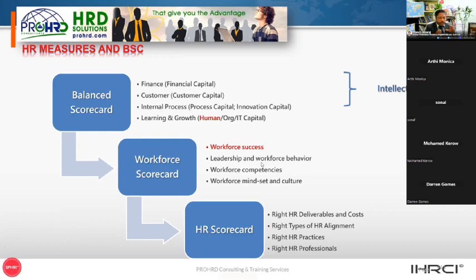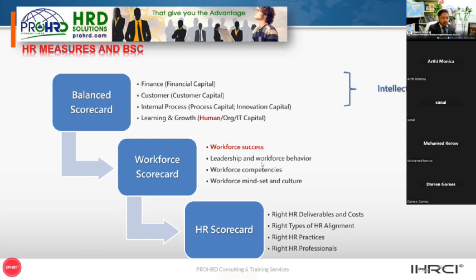Okay. Here, the HR measures and the balanced scorecard. How we have the interlinkages. Balanced scorecard. At the bottom line, we have the HR scorecard. How we can have alignment, and how we can integrate achieving the intellectual capital. The balanced scorecard, as we have seen, has 4 perspectives: financial perspective, financial capital; customer perspective, customer capital; internal process capital, innovation capital; learning and growth, human or organization or IT capital.